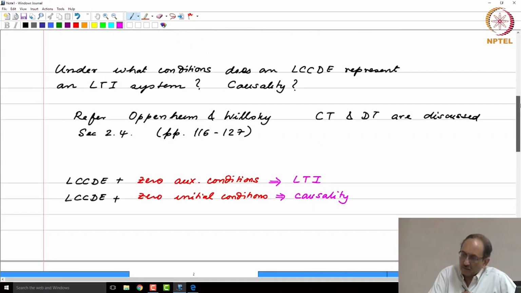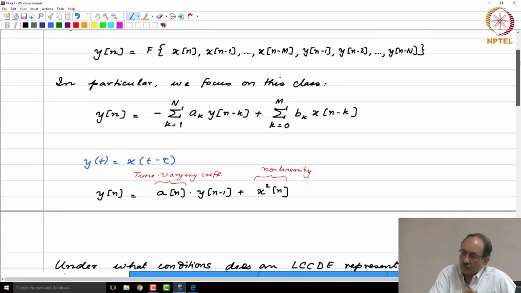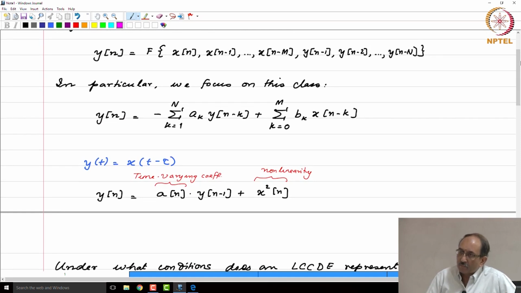Now, if you go back and look at this general equation, you can see that if all the a_k's are 0, then the system is FIR, very easily seen from this.